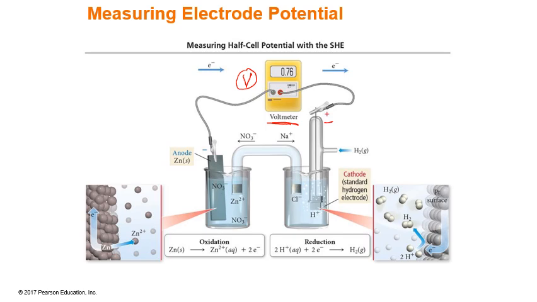We know that it's because it's positive, and it's also hooked to the red part of our voltmeter. Our anode is zinc. And so when we measure the zinc half reaction compared to hydrogen, the voltage that we're getting is 0.76 volts. And so we can do this with lots of different metals to determine what those half cell potentials are for different metals.